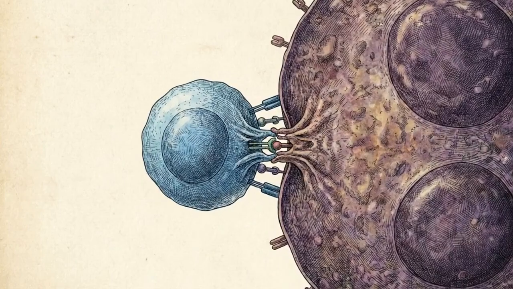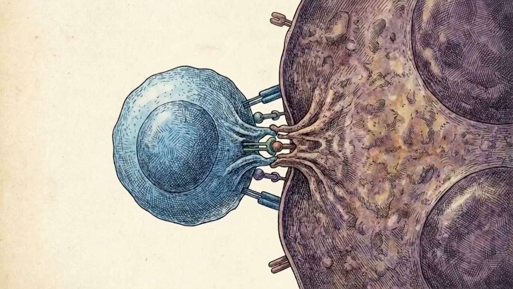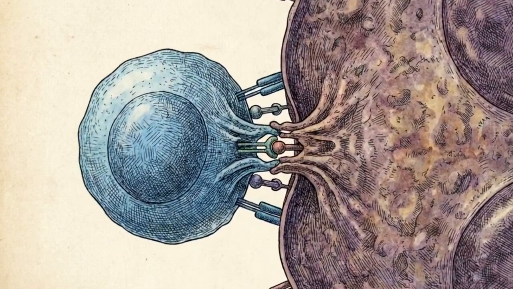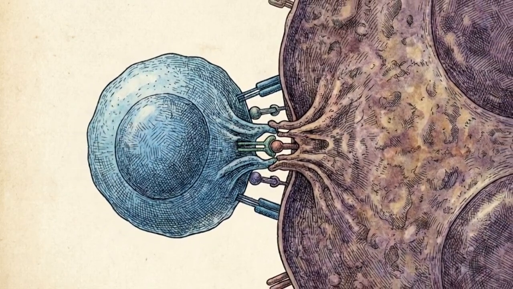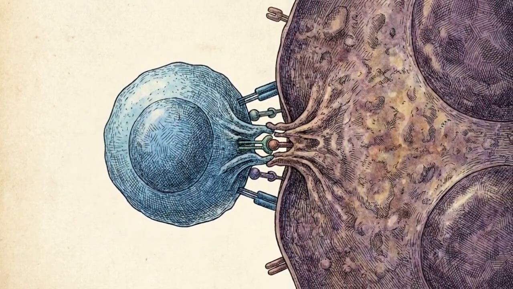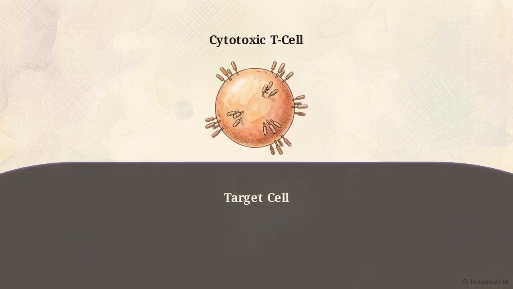On the cellular side, execution requires direct contact. To eliminate an internal threat, CD8-positive cytotoxic T cells firmly and physically engage their infected target cells. The T cell deploys the perforin-granzyme pathway, forming pores in the target membrane so granzymes can enter and activate a caspase cascade.